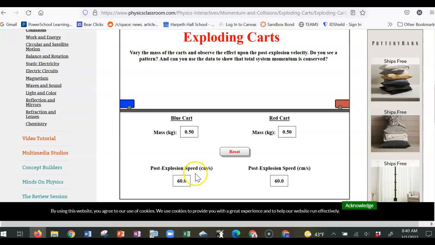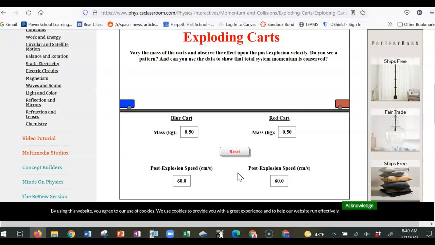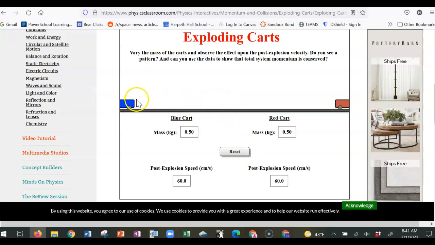Okay, and then also notice that this simulation tool is telling me speed. Speed is a positive scalar. It is not a vector, but I want to record my data as a velocity, which is a vector. And so the blue cart is moving to the left. It's moving in a negative direction, and so I need to record its velocity as a negative amount.